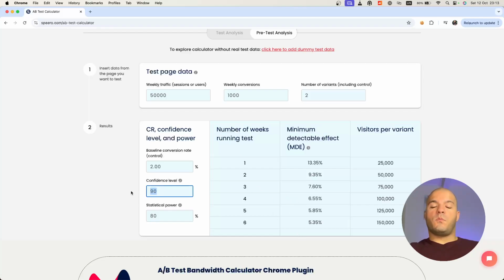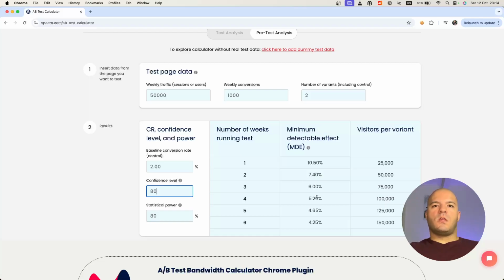And if you are comfortable taking even more risk, accepting a higher probability of error, you could even decrease it down to 80%, and then you see that the MDE is now 5.2%, which is quite low. That also means you could reach something like that already with a shorter period of time, not even 4 weeks, but perhaps 3 weeks, or even, I would say, 2 weeks, you could already get something.